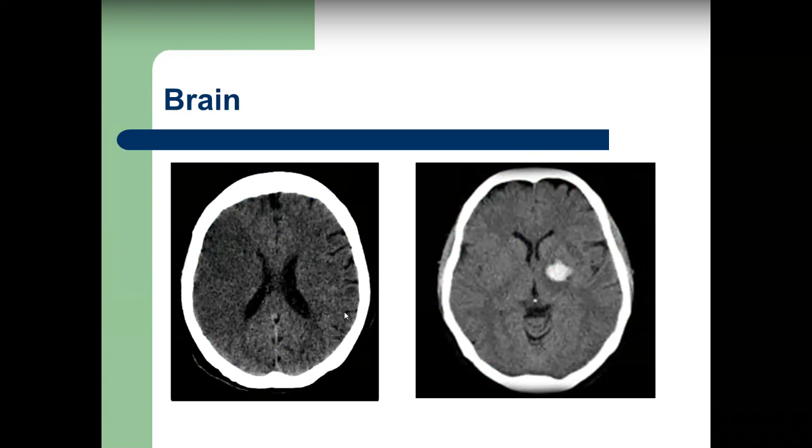This is ischemic stroke, and on the right, you can see a hypodense zone in the left basal ganglion. This is hemorrhagic stroke. Hemorrhagic stroke can be differentiated effectively in the early stage of the disease in comparison to ischemic stroke.